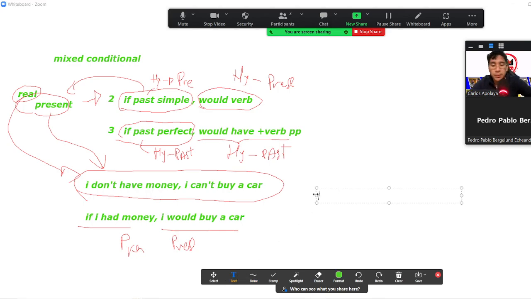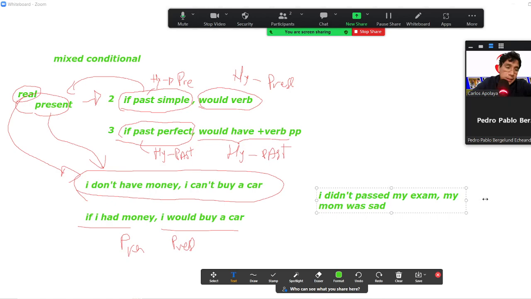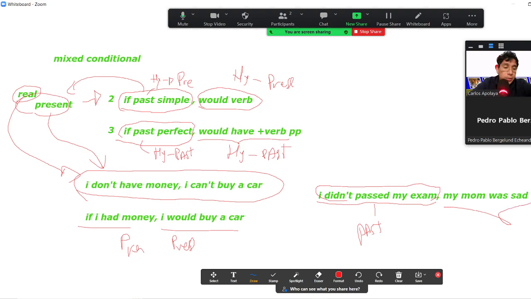For example, look at this: I didn't pass my exam. My mom was sad. No pasé mi examen, mi mamá estaba triste. These situations happen in the present or in the past? In the past. And this result is in the past.